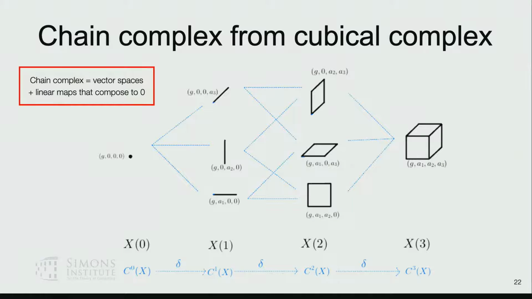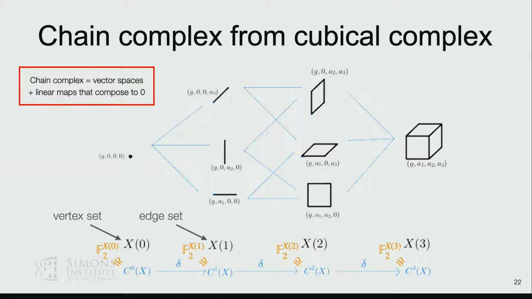Now we can use this cubical complex to form a chain complex. Just to recall, for a chain complex you first have to define the vector spaces and the linear maps. We'll start with the vector spaces. We'll rely on these geometrical structures.